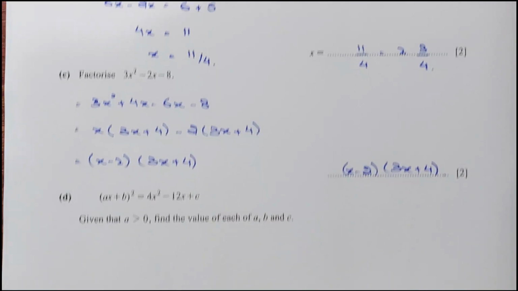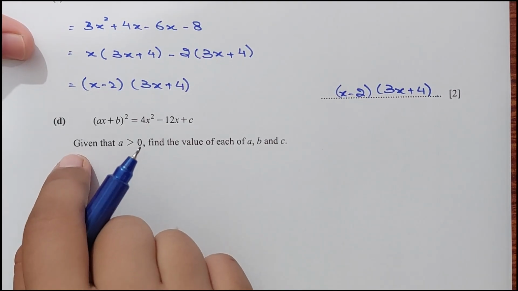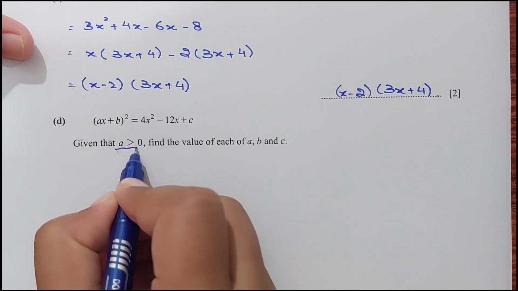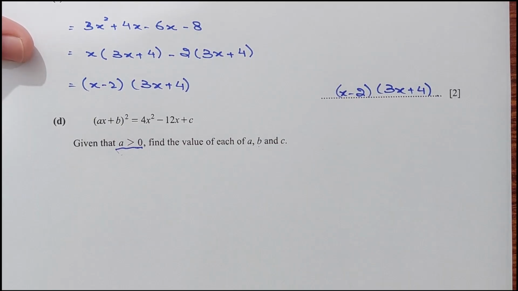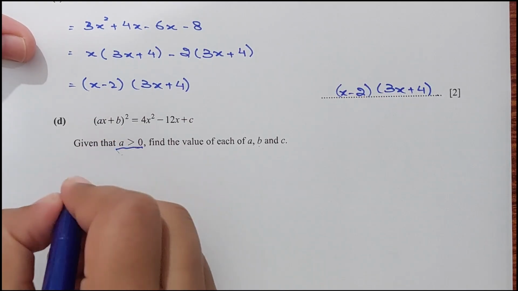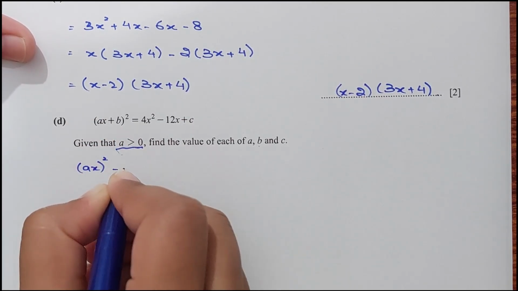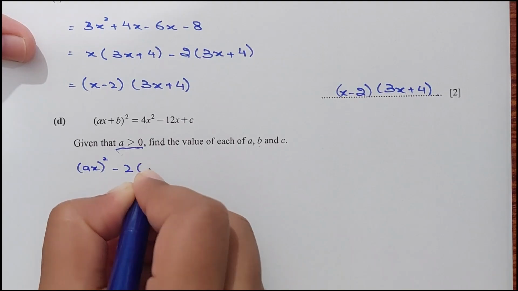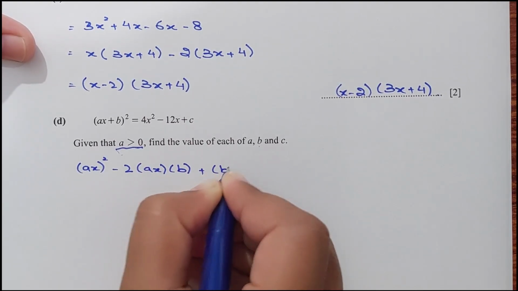All right. Now for part D, we have ax plus b whole square equals to this. Given that a should be greater than 0, find the value of each of a, b, and c. So I can open this as ax whole square plus 2ax times b plus b square.